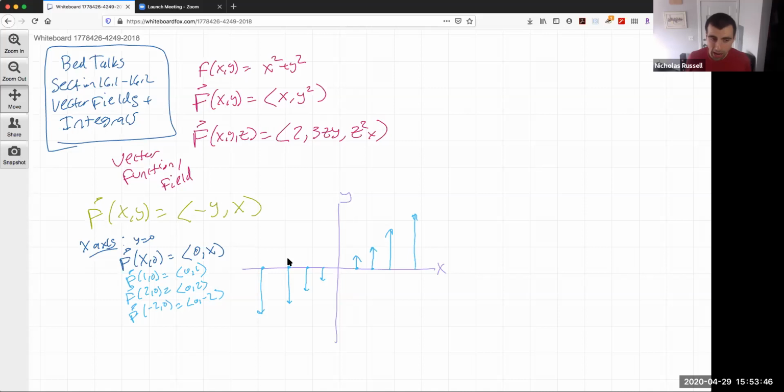Now what happens on the y-axis, right? For the y-axis, we are again going to have x equal to 0, and we can plot this, and we get f of 0, y is negative y, 0. So think about what this is doing. I am now only moving in the x direction.